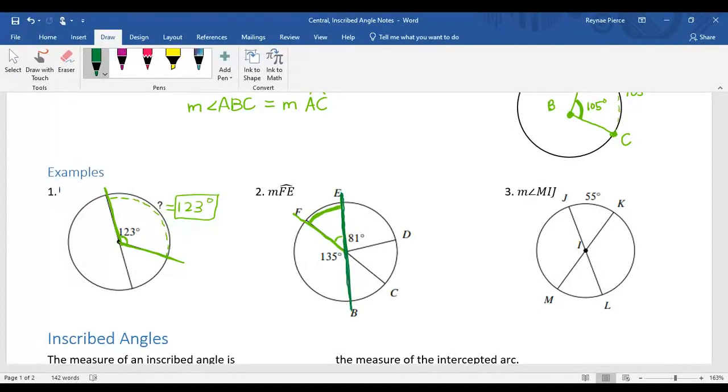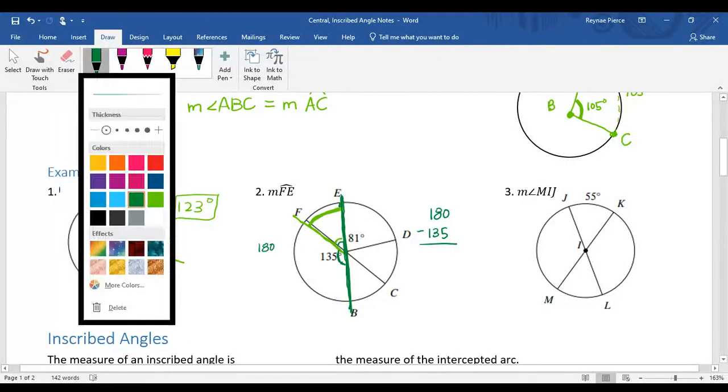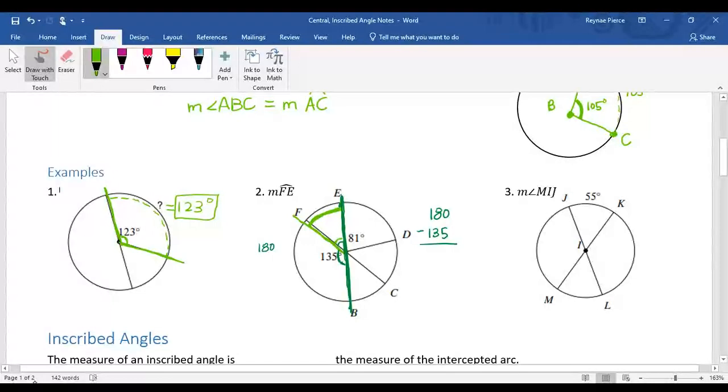So we have 180 degrees to cover from E to F all the way to B. If I take 180 minus the 135 that I already know, that gets me the measure of this central angle. Again, the central angle is equal to the intercepted arc, so the measure of arc FE is 45 degrees.